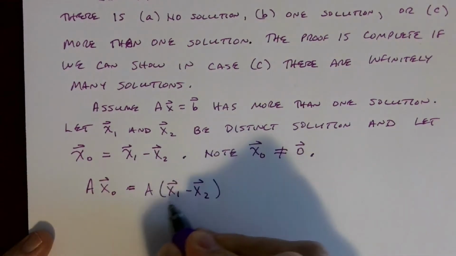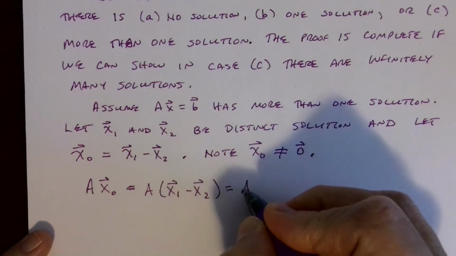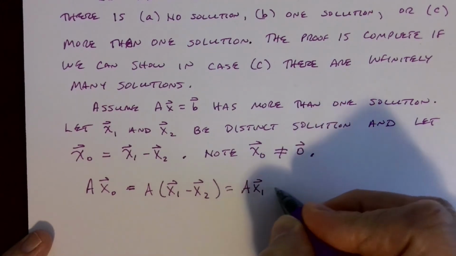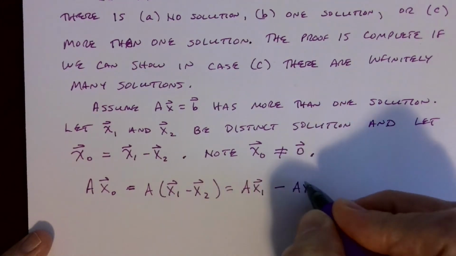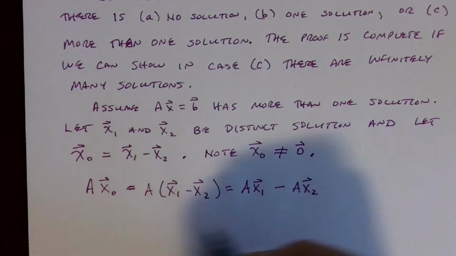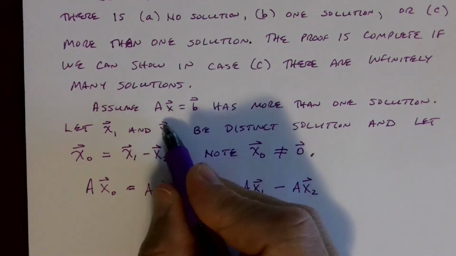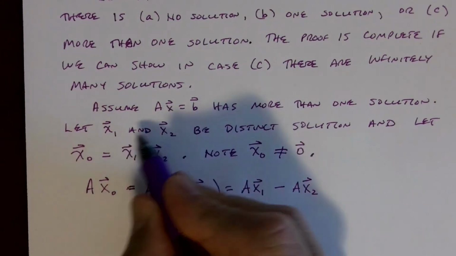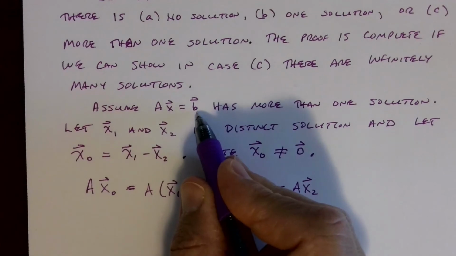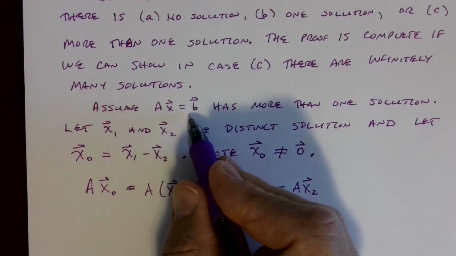And then I use the left distributive property here to write that. But what is A times x sub 1? Remember, x sub 1 is a solution to the system. So what does that mean? It means that A times x sub 1 must be B. It must satisfy this matrix equation.